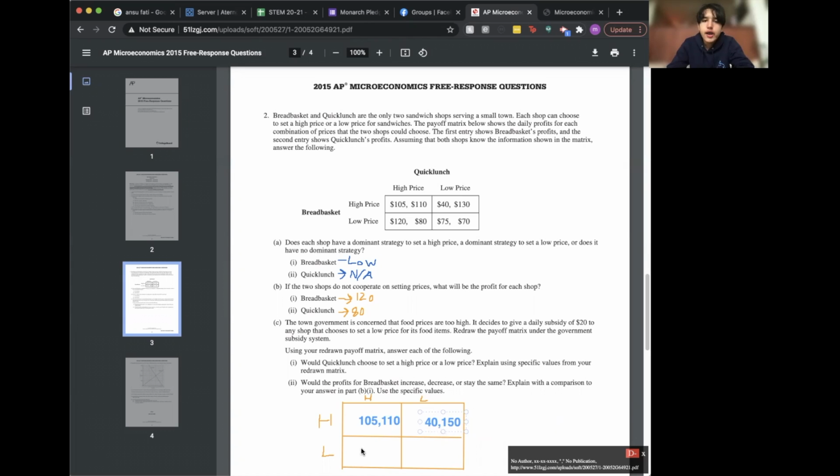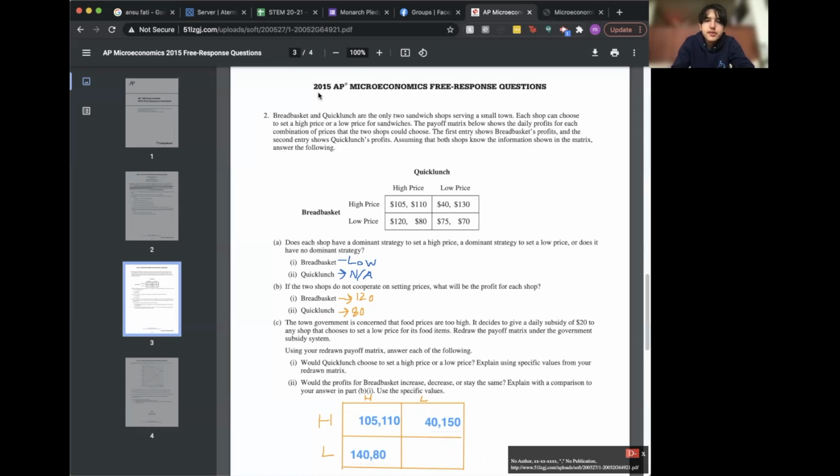For low-high, it would be $140 and then $80, because Quick Lunch is still going high, so they don't earn that subsidy, but Breadbasket does earn that subsidy because they're going low.